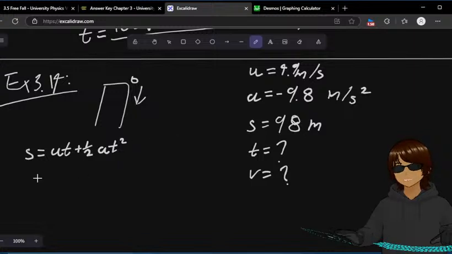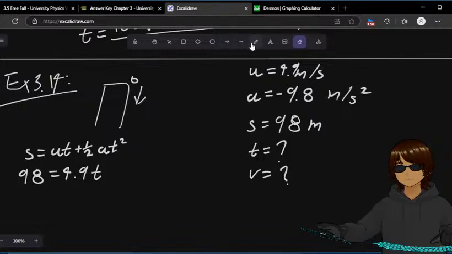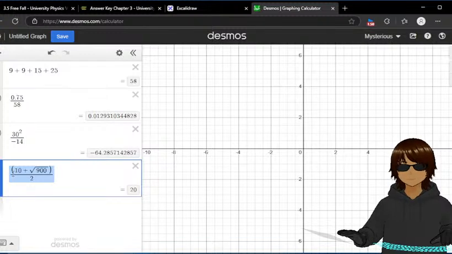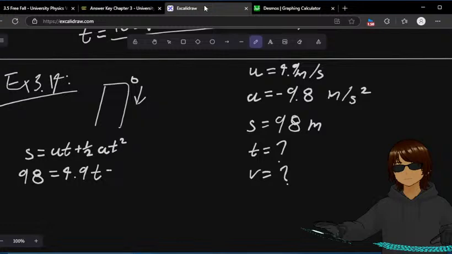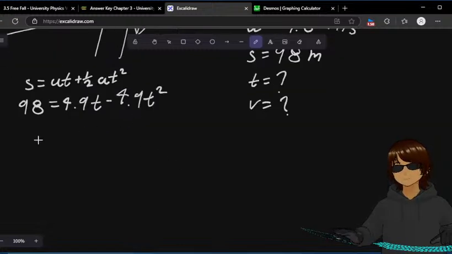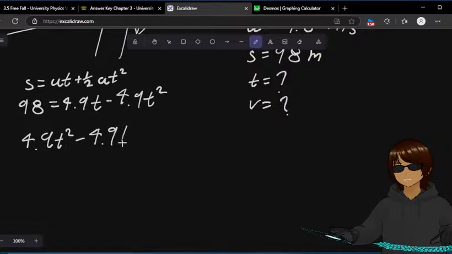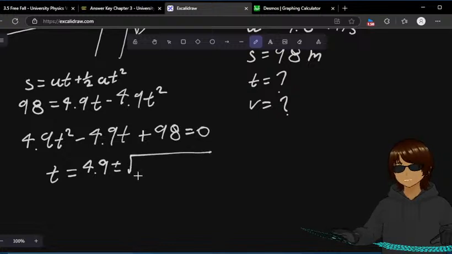They want the time. s is 98, 4.9 t plus, it actually is a minus, 9.8 divided by 2, 4.9 t squared.